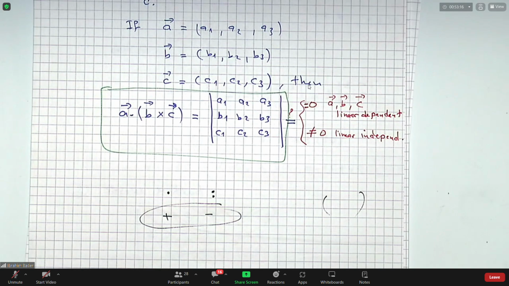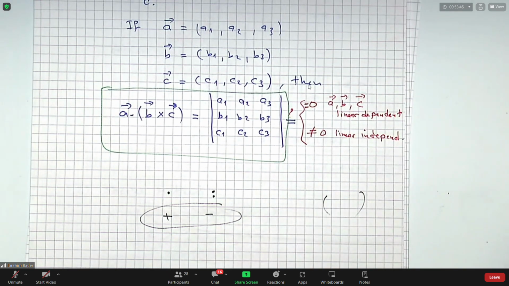But geometrically, this has an interpretation: B and C are in the same plane and they form the base, the floor of the parallelogram. If you just flip the order, you will end up with the same volume.